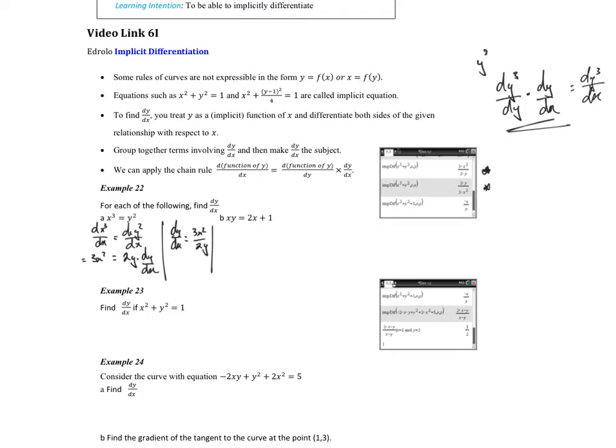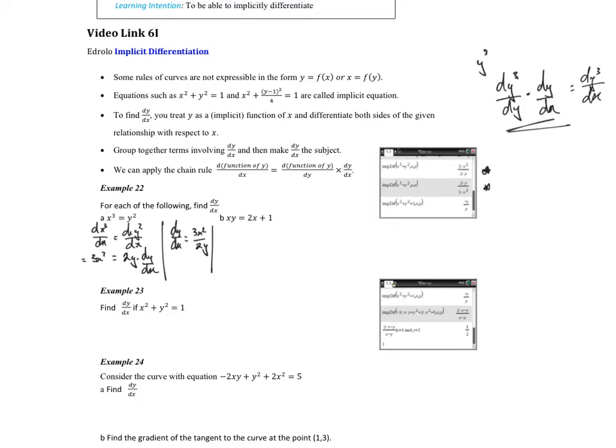The first one there, comma x comma y, gives me 3x squared on 2y, which is what we got. The second one, comma y comma x, gives me the reciprocal of that, dx on dy. So we've just got to be really clear. Dy dx is x comma y.